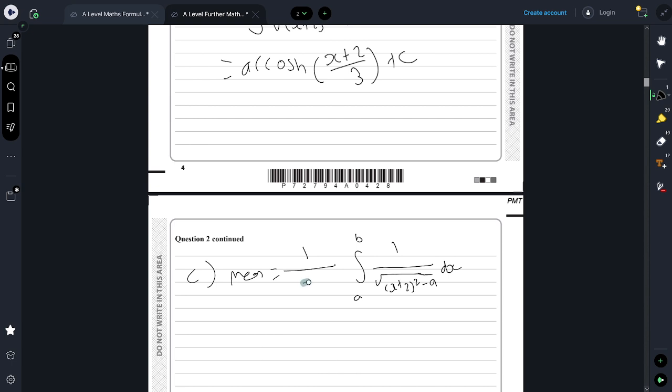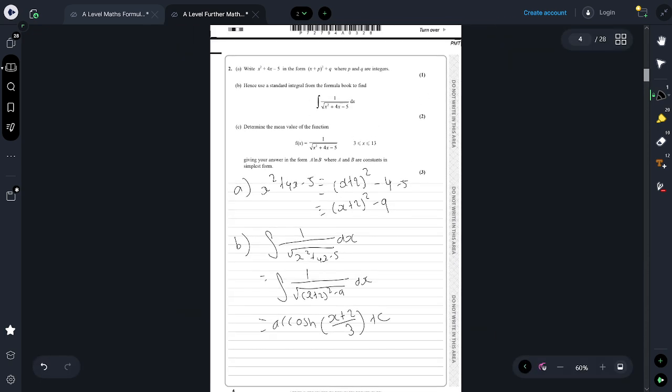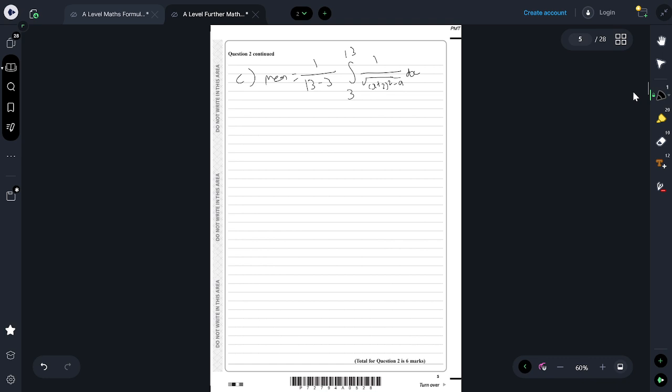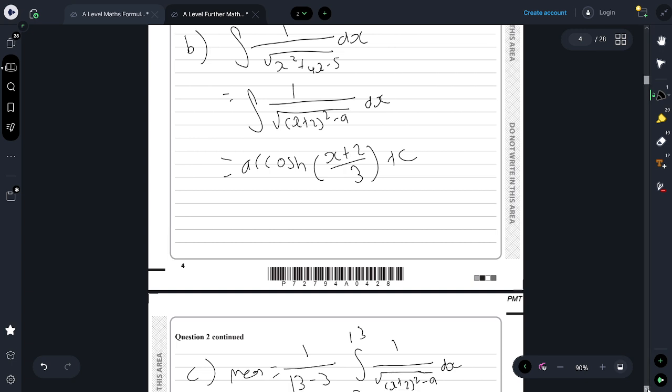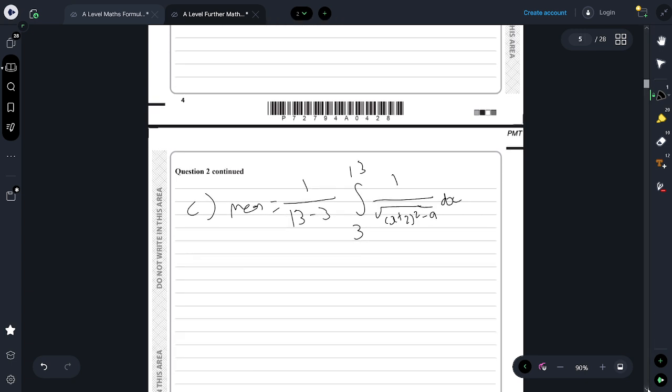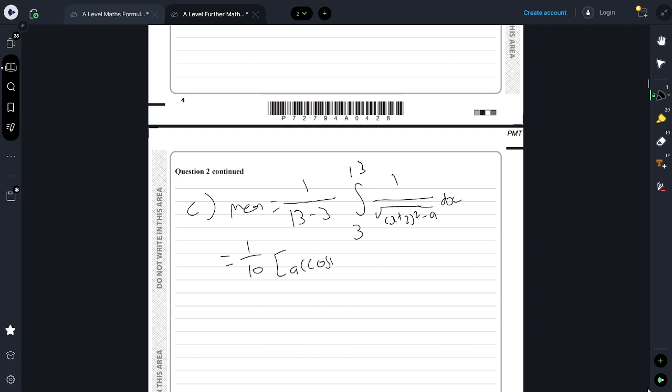So actually, 13 minus 3 is 10, so that's 1 over 10 of arcosh of x plus 2 over 3 between 13 and 3, because that is the integral we worked out before.